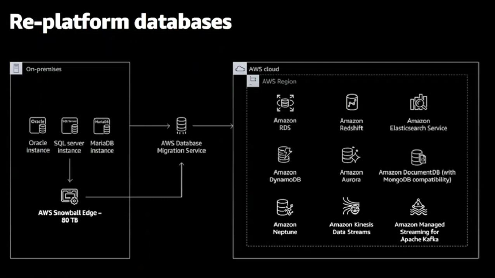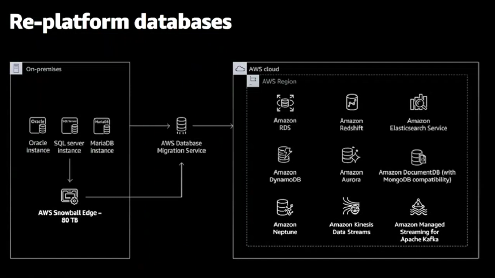You are going to make sure you have enough bandwidth, because copying those databases can be time consuming. But you can also enable real-time replication, which is CDC. So any changes on the production on-premises side will be replicated as incremental changes to the AWS cloud.